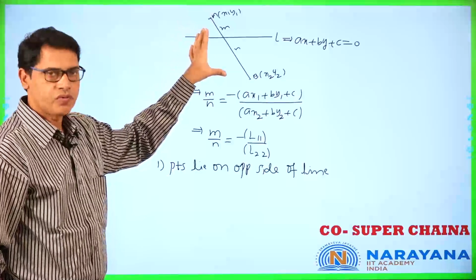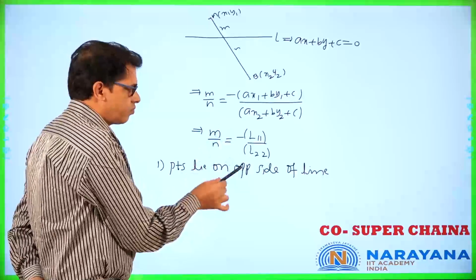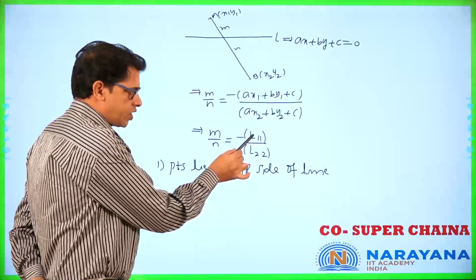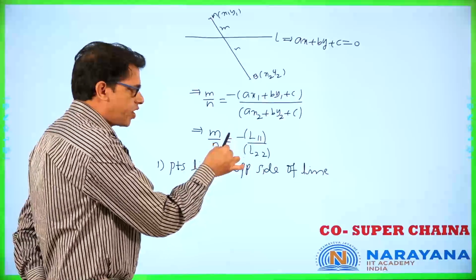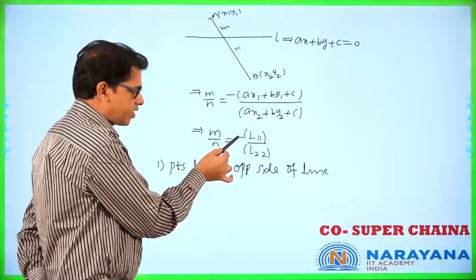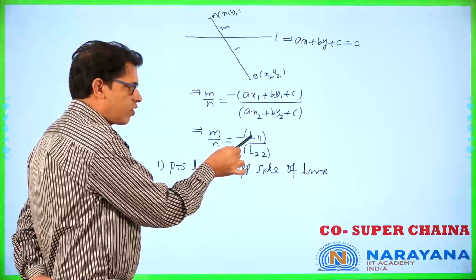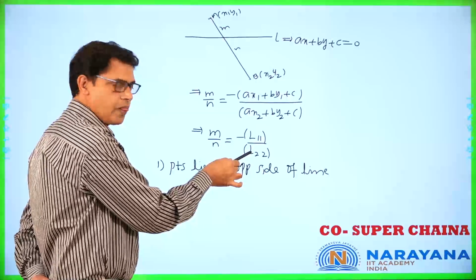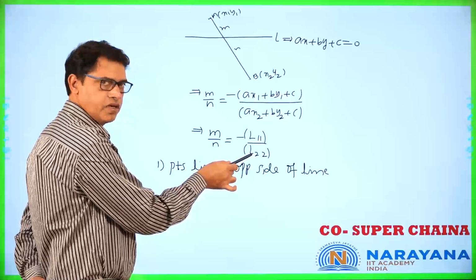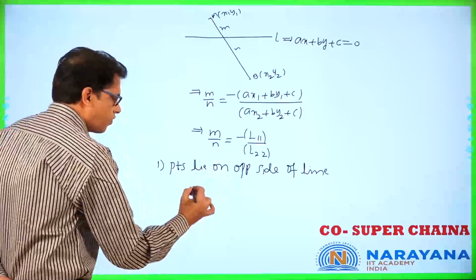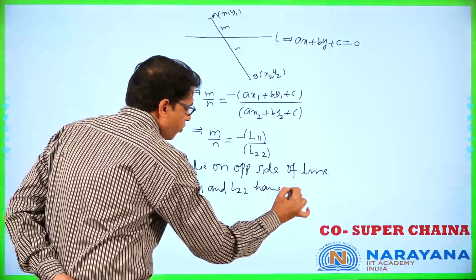So the ratio must be positive. Already a minus sign is there, so if L11 is plus, this must be minus, because the ultimate result must be positive. Either plus minus or minus plus. If L11 is positive, L22 must be negative, or if L11 is negative, L22 will be positive. Means L11 and L22 have an opposite sign.